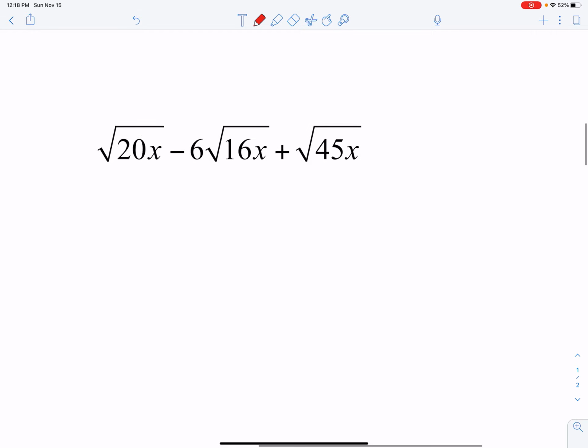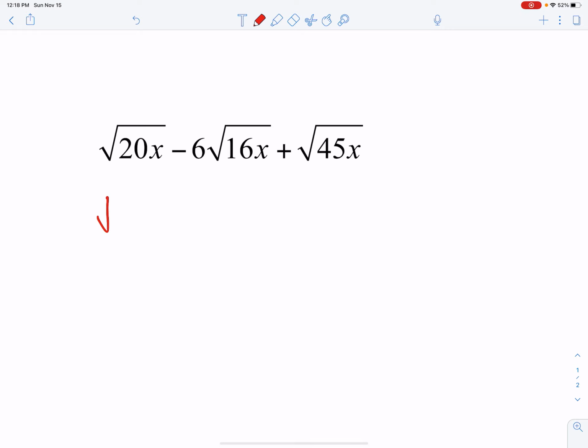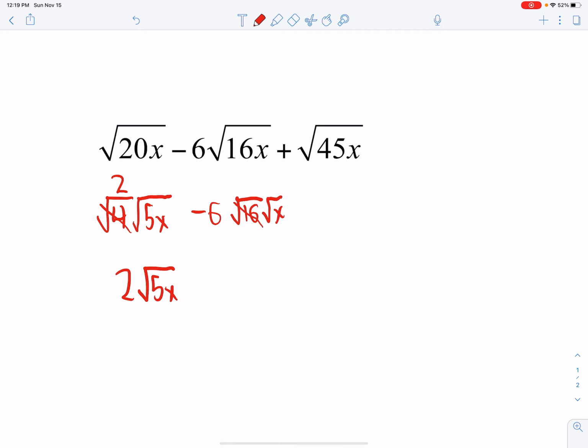Here we have the square root of 20x minus 6 square root of 16x plus square root of 45x. So for the first one, splitting that one up into parts, 4 goes into 20, and 20x divided by 4 would be 5x. And when we simplify that one, we have 2 square root of 5x. The next one, we have a minus 6 at the front. Here, splitting up that one, we can take the square root of 16, but we can't take the square root of x.